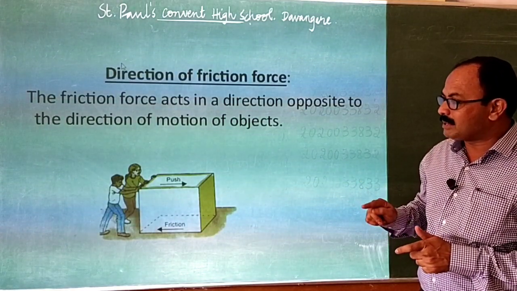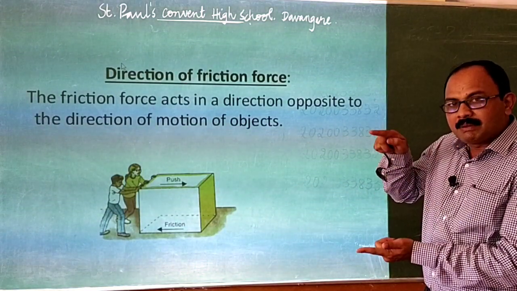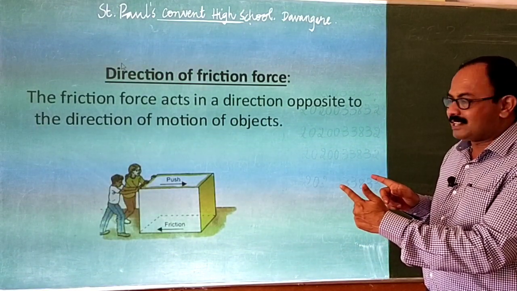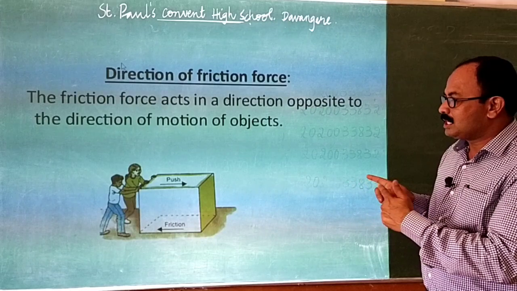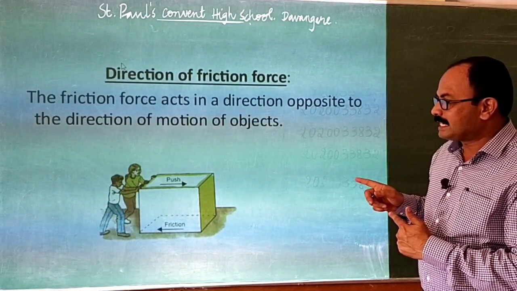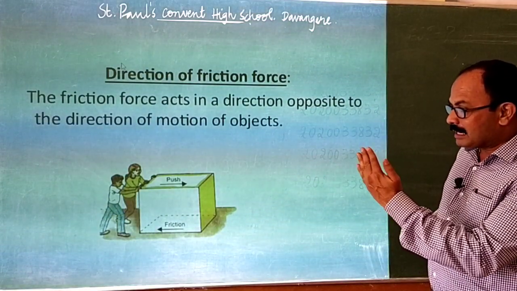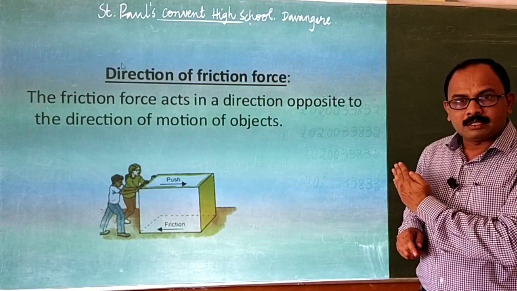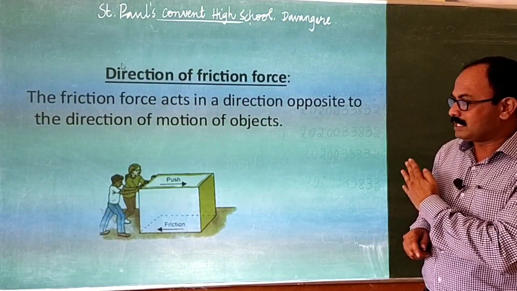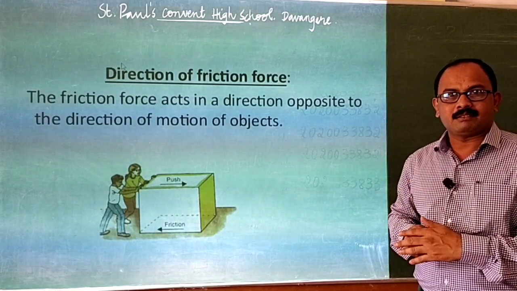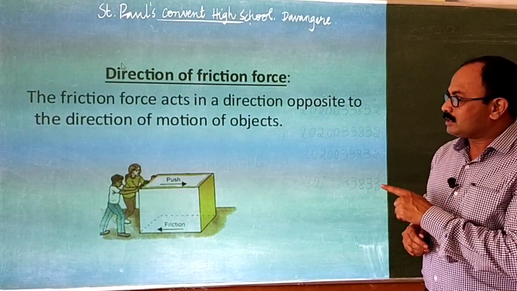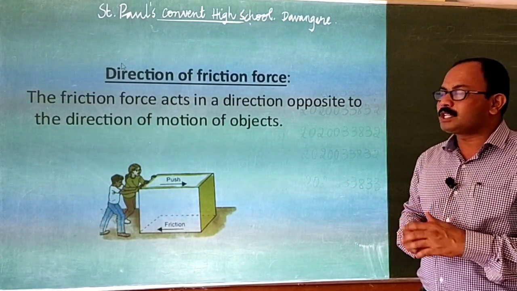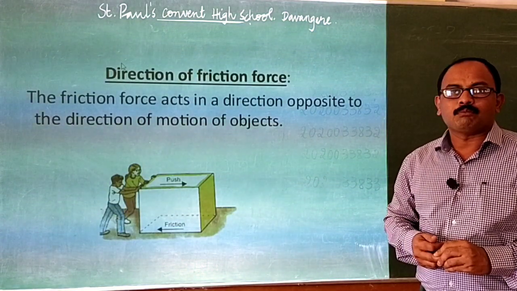Always the force of gravity and the normal force will be equal. They get cancelled out, then the motion depends on the force of push and force of friction. See, this is from left to right. If they move the box, the force of friction becomes right to left. Therefore, the friction force acts in a direction opposite to the direction of motion of objects.